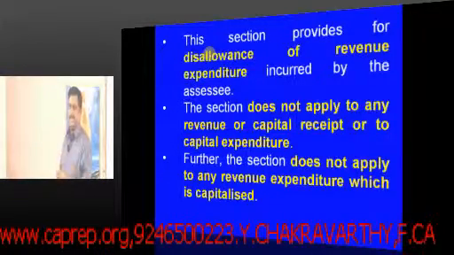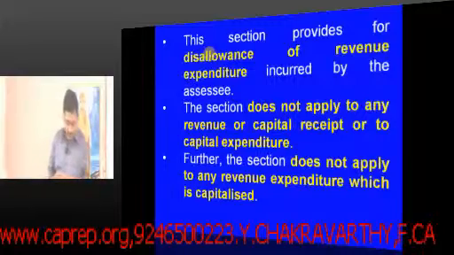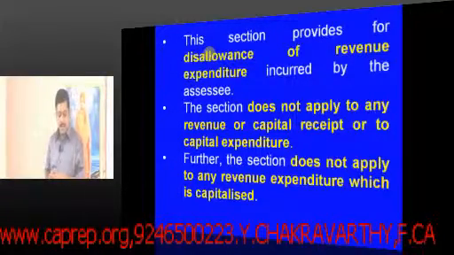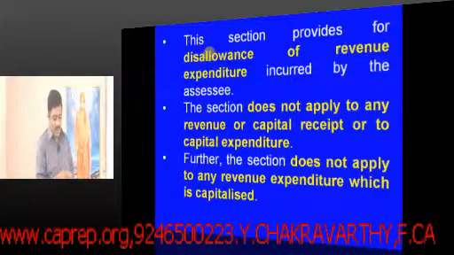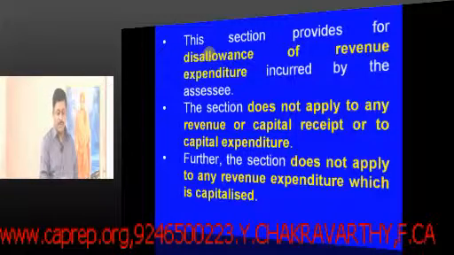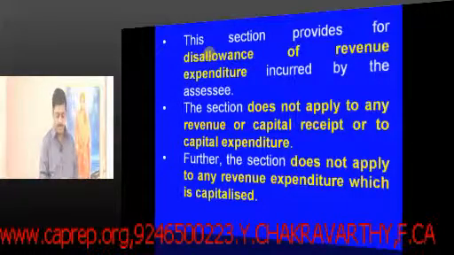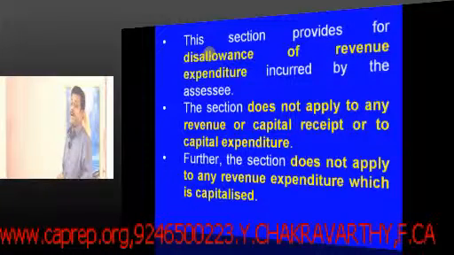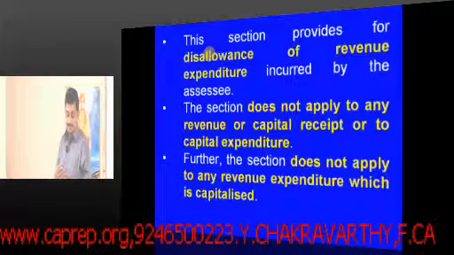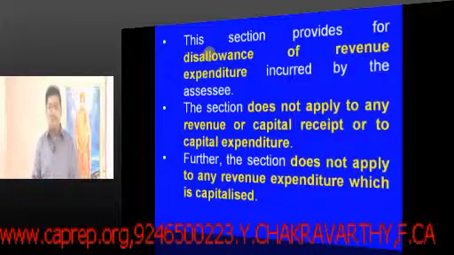Then one more last point: section 92BA prescribes that the arm's length price concept is to be used in respect of specified domestic transactions instead of fair market value.